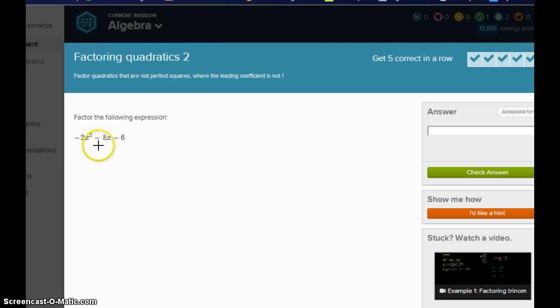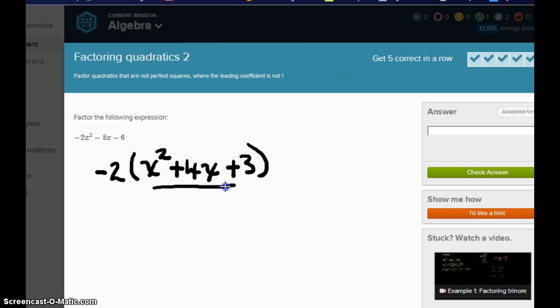So here we have negative 2, negative 8, and negative 6. I want to get rid of this negative 2, and so I'm going to rewrite this as negative 2 times x squared plus 4x plus 3. And that should look like a very familiar problem to you.